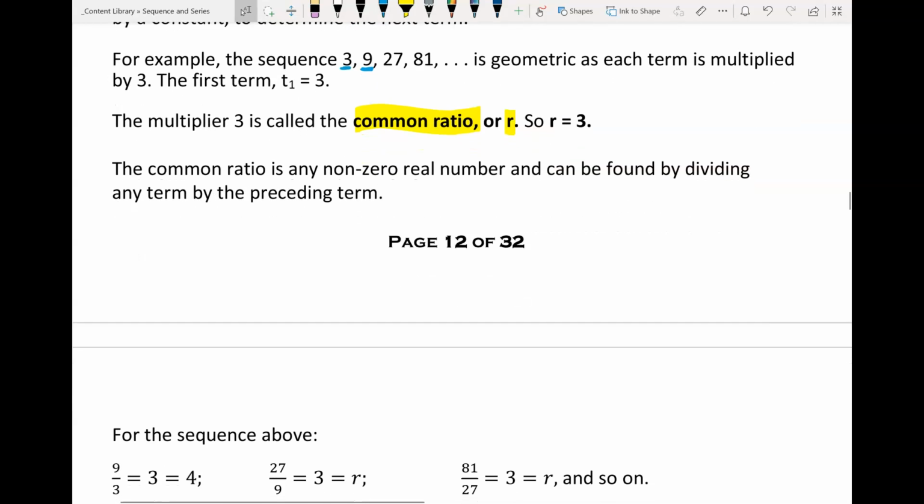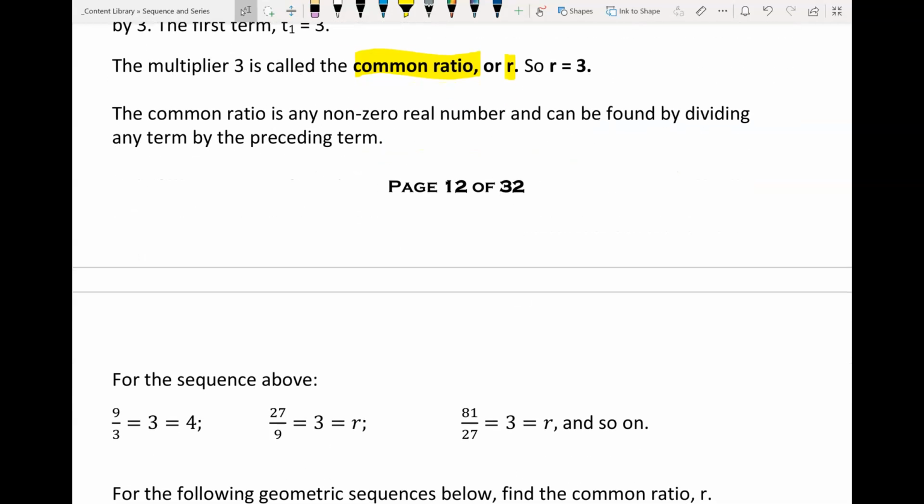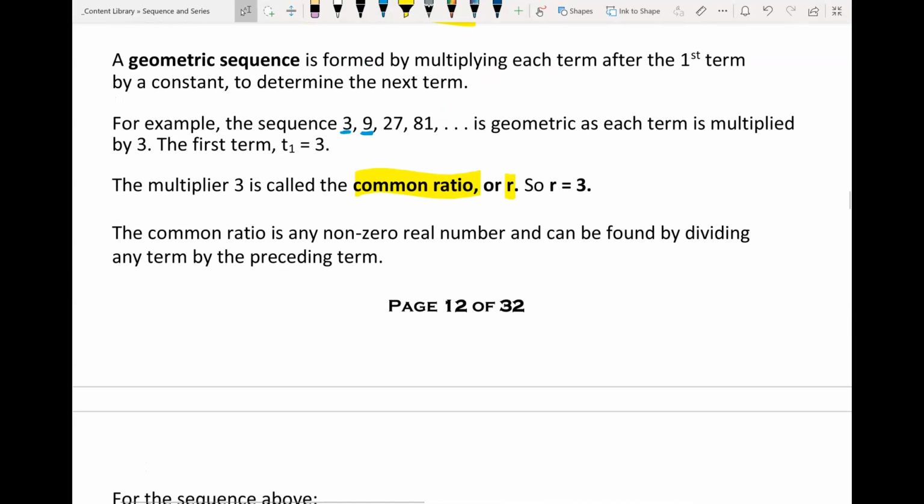So R is going to be 3. You could do that using 27 and 9 instead. So we could have used 27 divided by the term before that, which is 9. And you're going to get 3, which would tell you what your common ratio is.